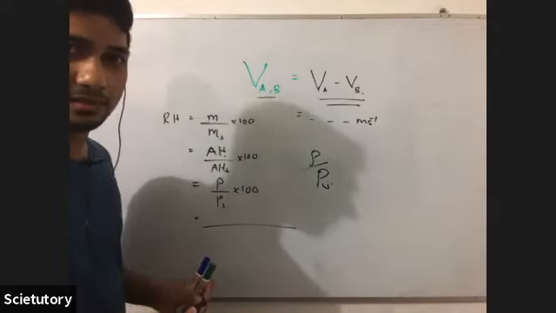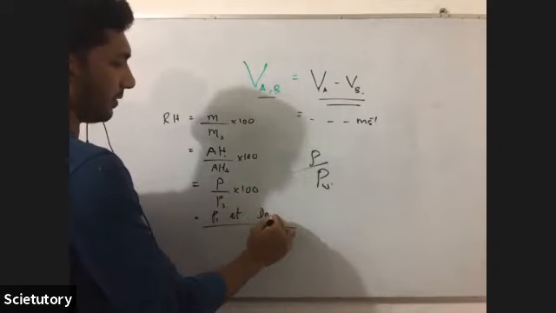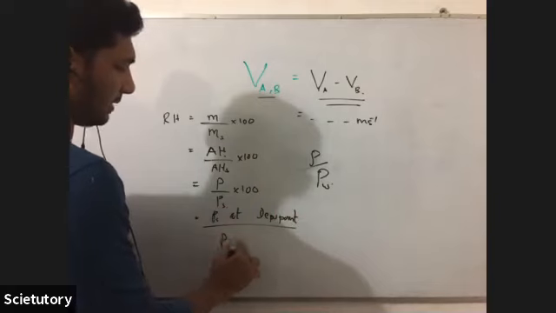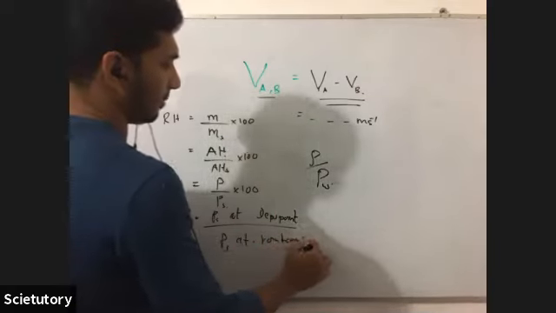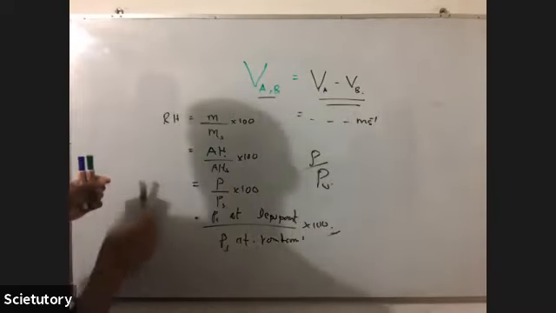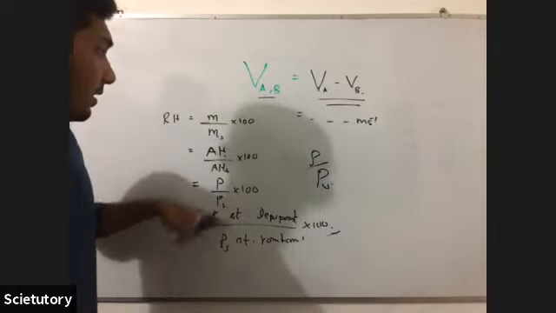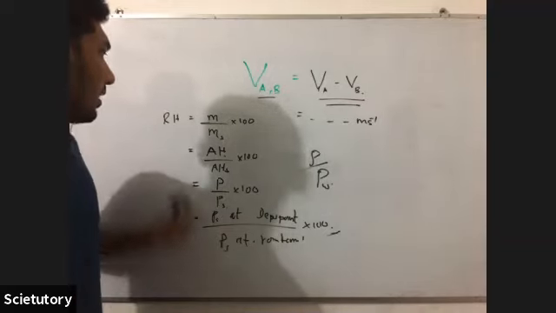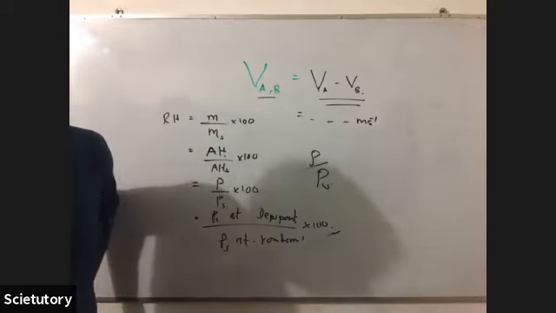Then the saturated vapor pressure PS at dew point divided by PS at room temperature, into 100. This is what you use in the RH practical. According to all these equations, the RH doesn't have a dimension. So B and C are the correct answers, not A.